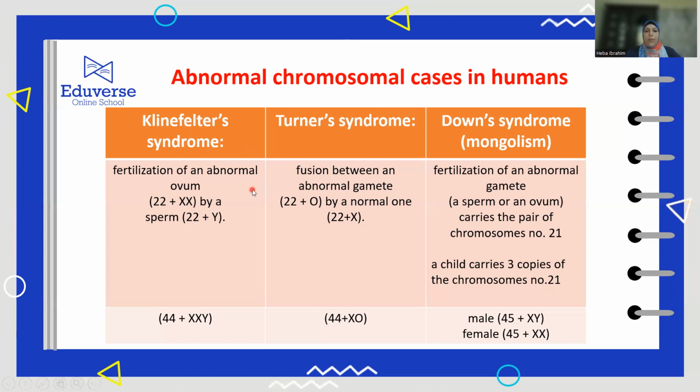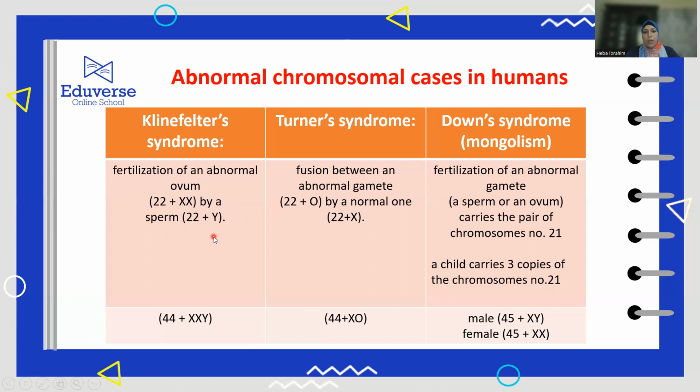What is the reason for the formation of Klinefelter syndrome? Klinefelter individuals are produced due to a disorder that takes place during the formation of gametes, which are ovum and sperm. Sometimes during meiosis, the chromosomal structure of the ovum will be 22 plus XX, and this is an abnormal ovum, while the sperm is 22 plus Y. What will happen if this abnormal ovum is combined with this normal sperm?